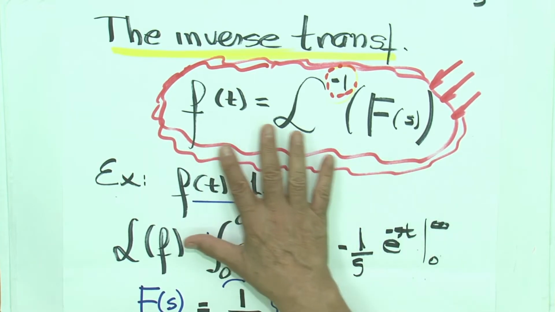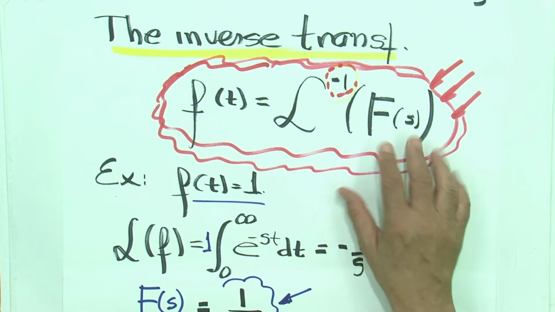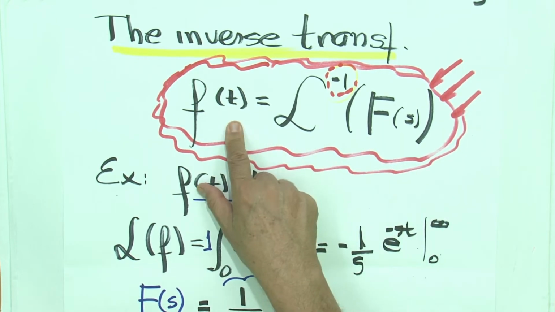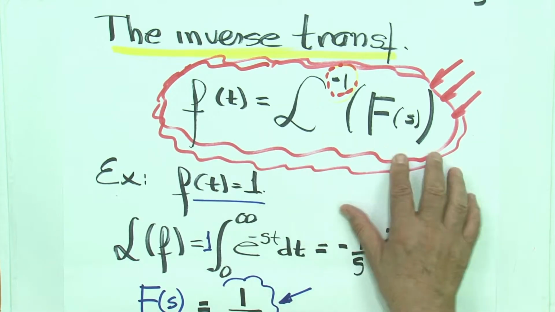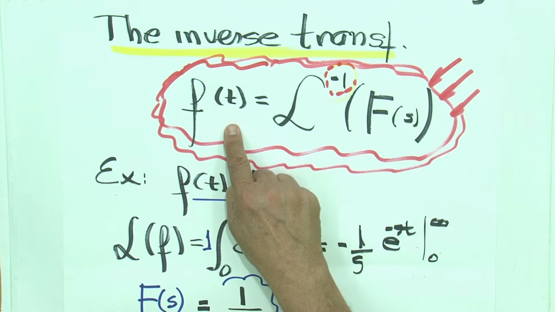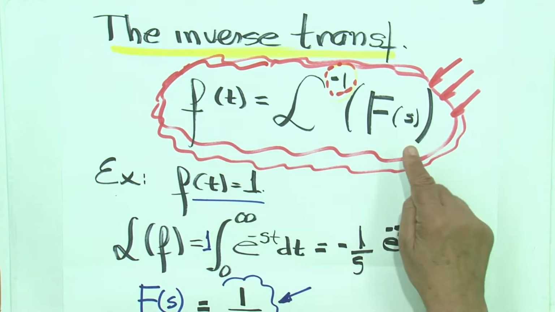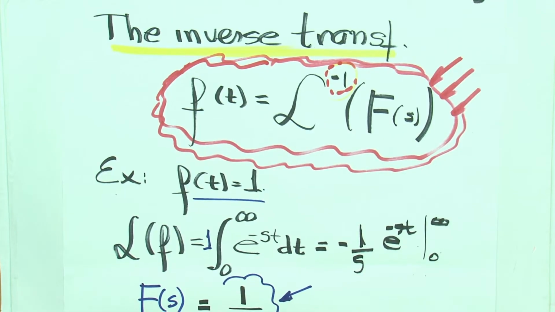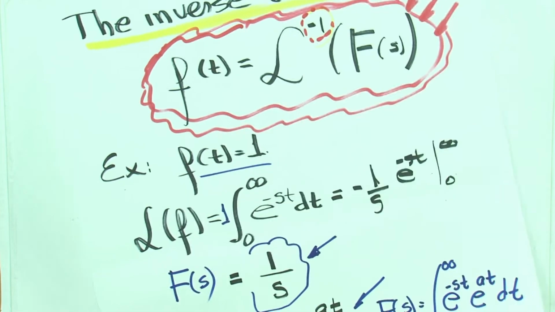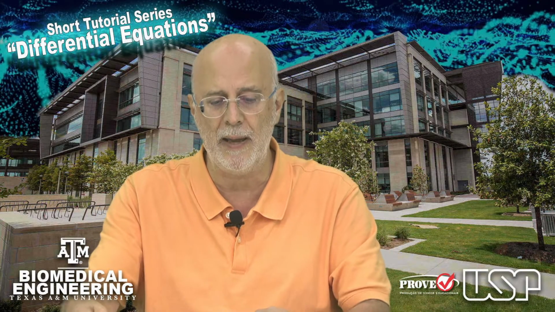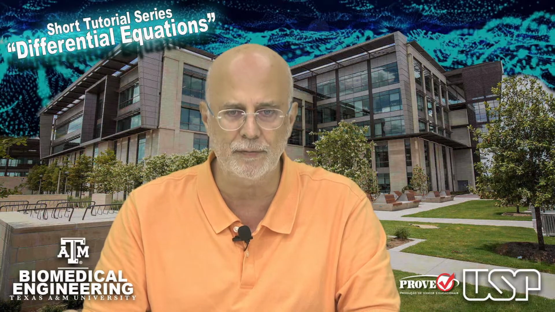Once we have the Laplace transform of a function, we can identify this function. This is a mathematical expression to say that this function is the function whose Laplace transform is F of s. And we did a few nice examples of different functions and their respective Laplace transforms.